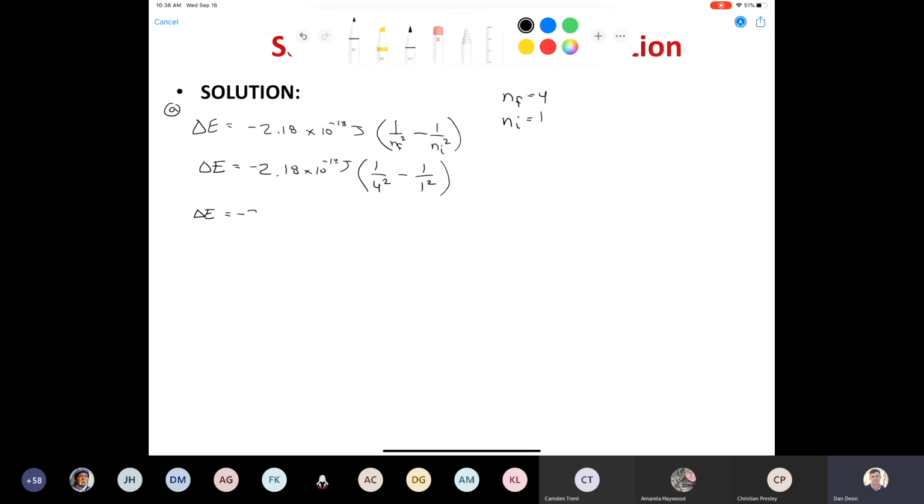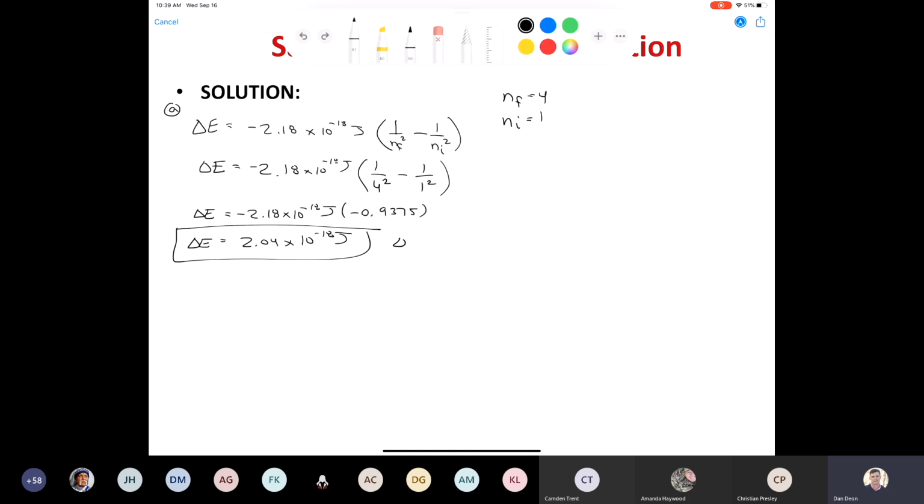so that works out to be negative 2.18 times 10 to the negative 18 joules multiplied by negative 0.9375, and you get that delta E is equal to 2.04 times 10 to the negative 18 joules. Keep in mind that you take a negative times a negative, and you end up with a positive number.